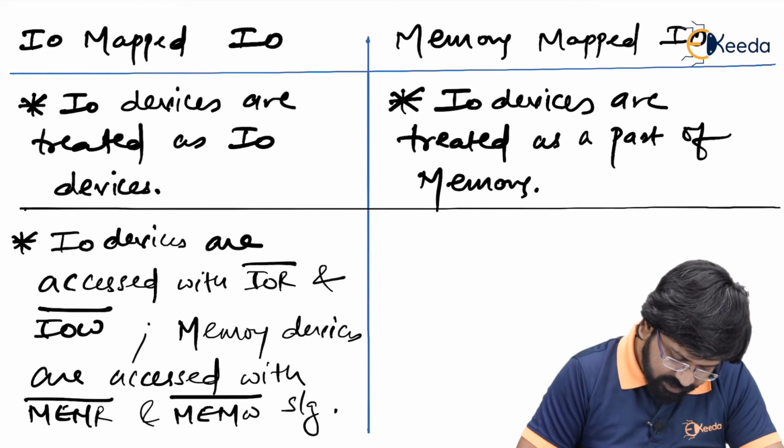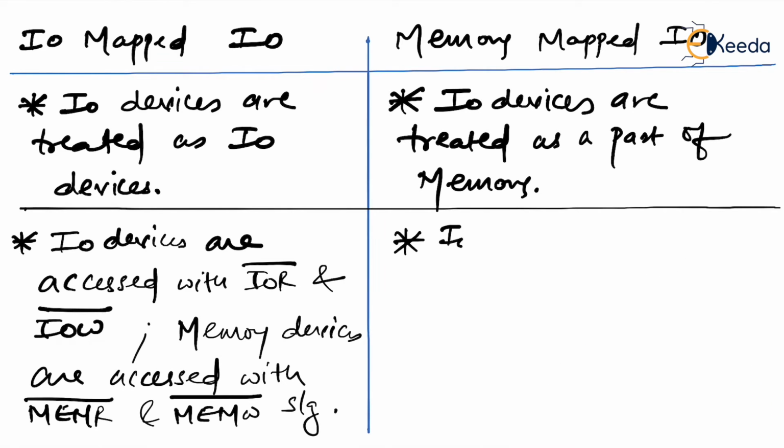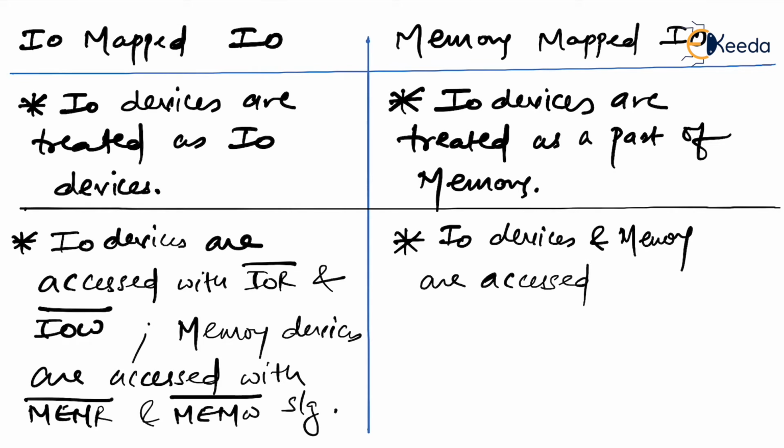Here, IO devices and memory are accessed by MEMR bar and MEMW bar control signals.